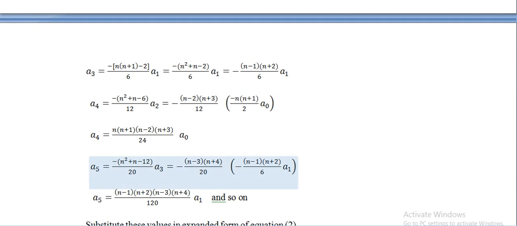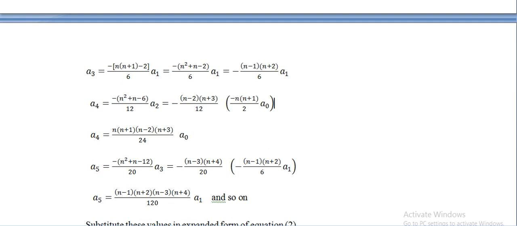So substitute here the a3 value, which gives again minus into minus plus, (n − 1)(n + 2)(n − 3)(n + 4)/(20 × 6) = 120, into a1. Then if you substitute r equal to 4, 5, 6, you'll get a6, a7, a8 and so on.